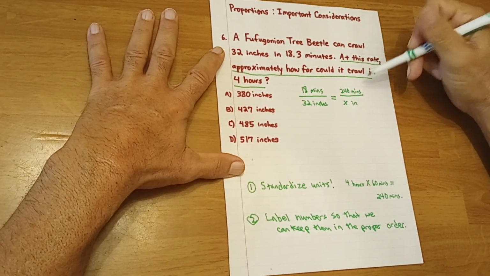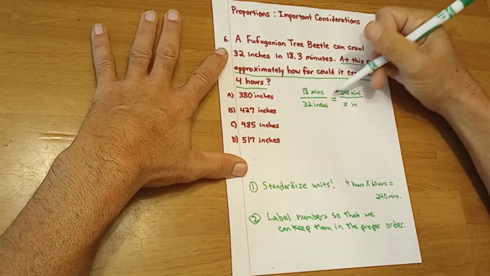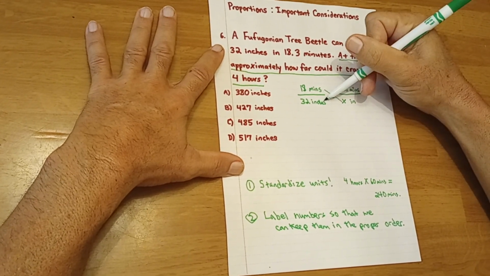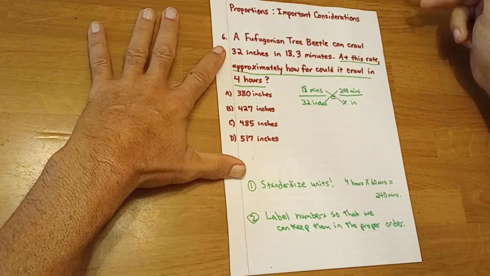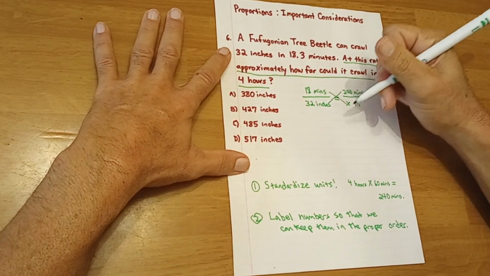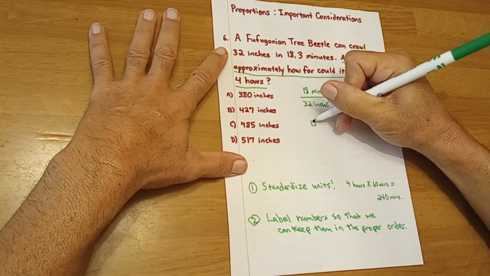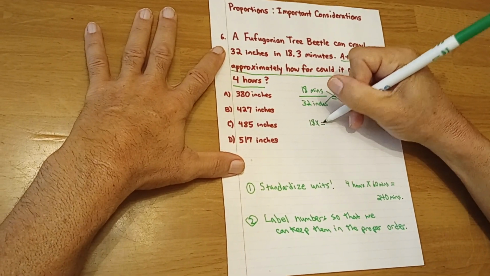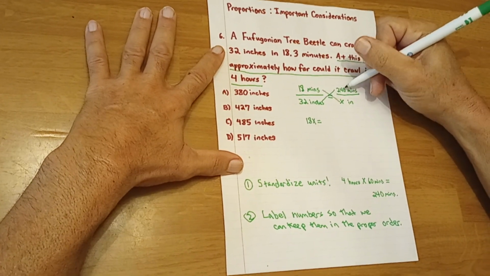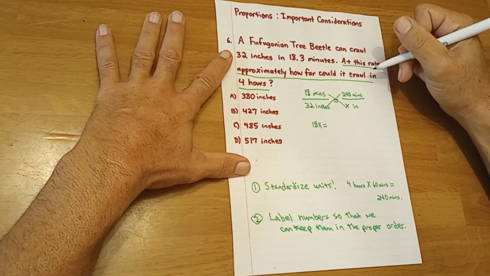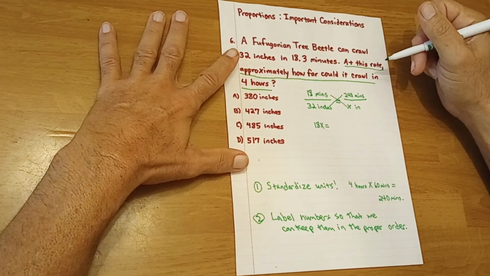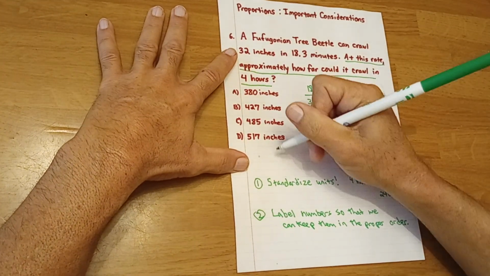I've labeled things, I've converted, and now all I need to do is cross multiply. So I'm going to have 18x equals 240 times 32, and I don't know what that is, so we need to actually do the math.